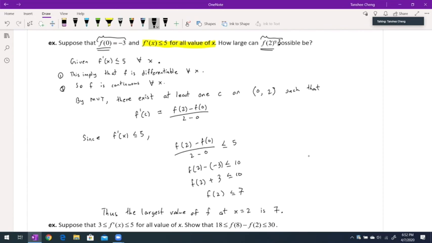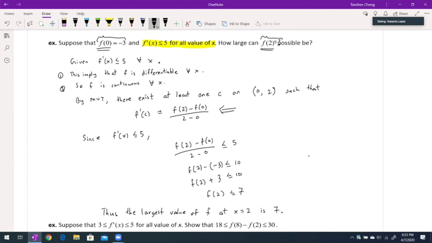So since the slope of the tangent line and the slope of the secant line are equal to each other, I can say that the slope of the secant line must also be less than 5. Are we all following so far before I move on?